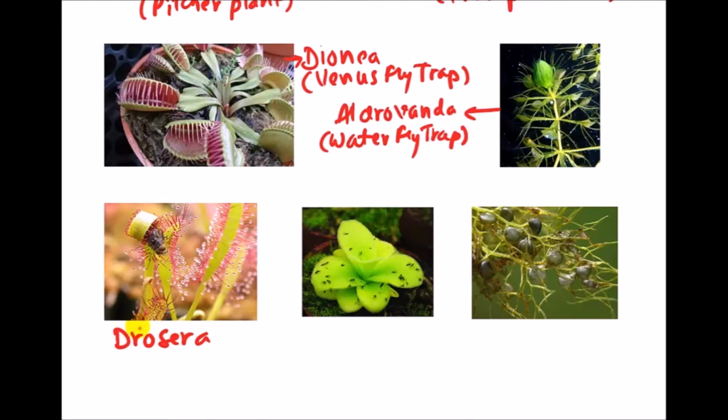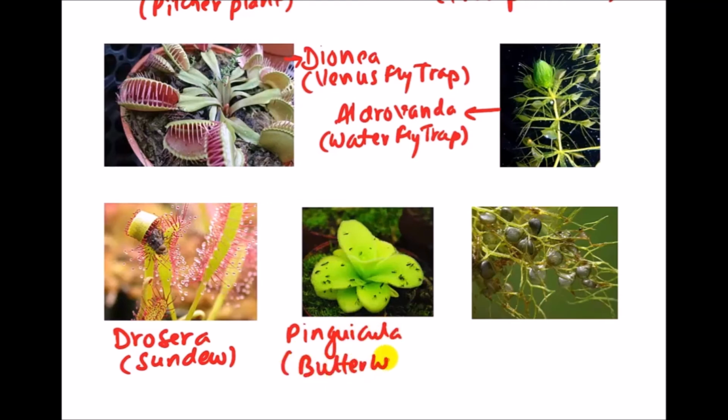It gives sticky secretions from its hair-like structures, which sparkle like dew. That's why this is also known as sundew. This is Pinguicula, also known as butterwort, and this one is Utricularia, which is known as bladderwort.